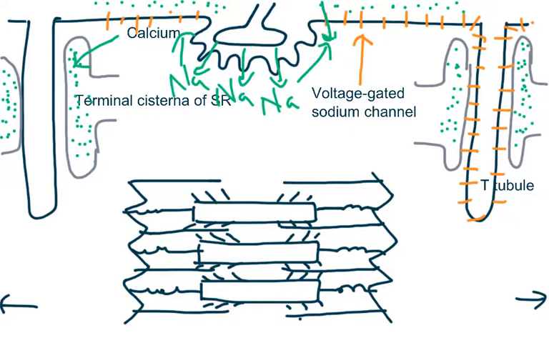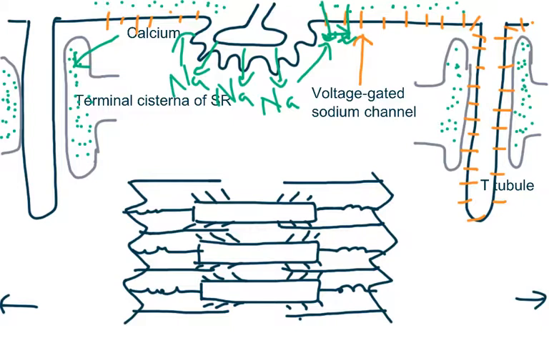Well, that would be the end of things, except now we have more sodium coming in, which changes the voltage again. And as that sodium diffuses down inside the cell, it opens the next voltage-gated sodium channel. And sodium comes in again. That sodium will open the next voltage-gated sodium channel, and sodium will come in.